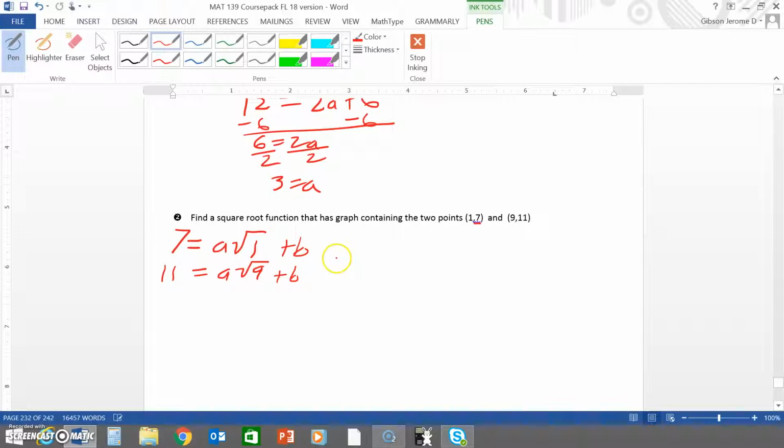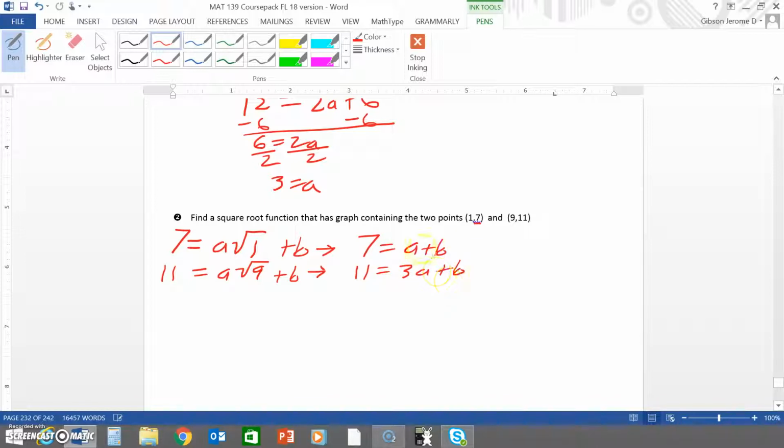So this will lead us to 7 is equal to a plus b. And this will lead us to 11 is equal to 3a plus b, because remember, the square root of 9 is 3. Now we have these two equations. This is basically a system of equations which we have solved for before. So we need to solve for one of these variables.